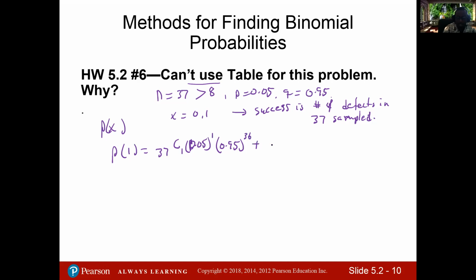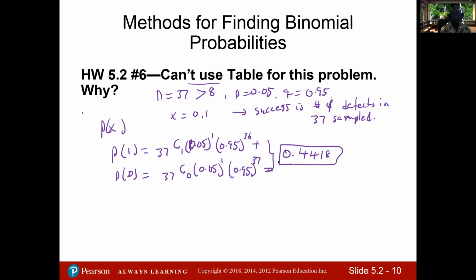Then plus the probability of 0, which is 37 combination 0, 0.05 raised to 0 times 0.95 raised to 37. Of course, 37 minus 0 is 37. When you calculate all this and add it together, you should get the same answer as we got, 0.4418 to 4 decimal places. That's how we evaluate that.